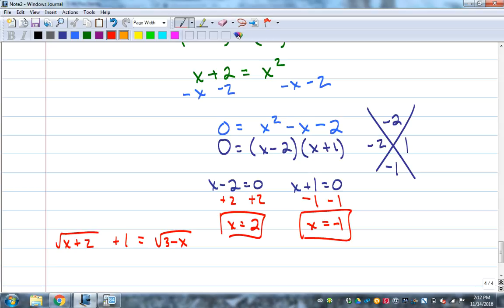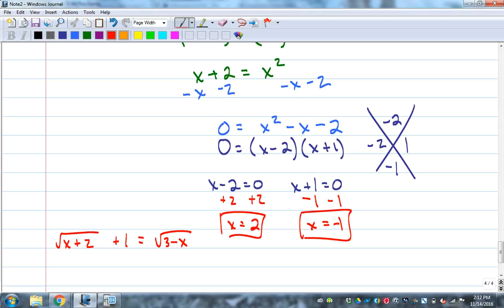Whatever you put in this one, you got to put in that one. You can only check one at a time. So I'm saying check 2. Yeah, like I get that. And 2 goes in everywhere there's an x, and you decide if it's right or not. Then you start over and you check negative 1. You plug it in everywhere there's an x. Is it right or not?